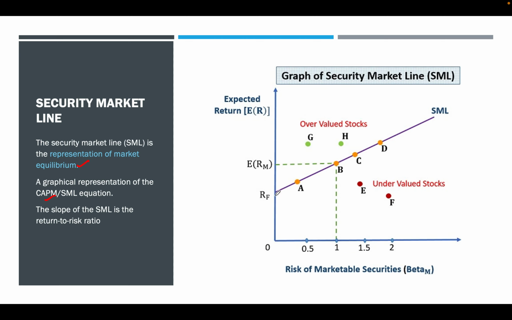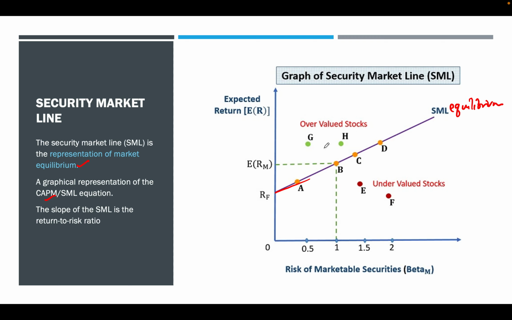Here is the line, with assets A, B, C and D, and assets G, H, E, F. On average, the risk of marketable securities is on this line. Assets on the SML line are in equilibrium.